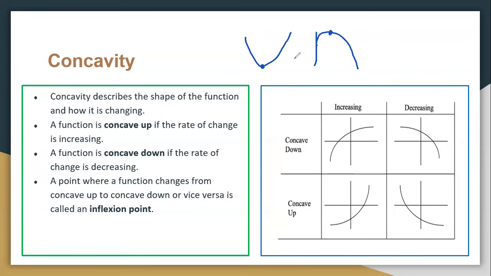Now, when I talk about a point of inflection, we are looking at the change of a sign. When I talk about a change of sign, that is what we call an inflection. But when I talk about a turning point, I'm looking at the maximum and the minimum point.